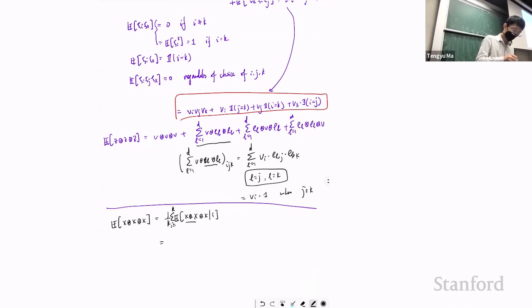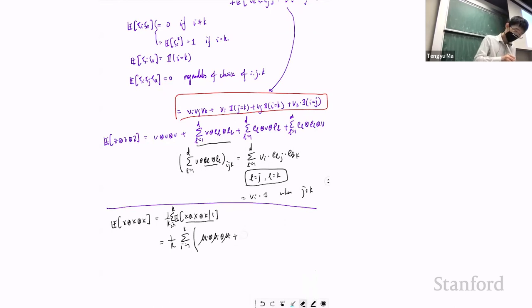When you condition on i, it becomes a Gaussian, and you apply the lemma, and you get 1 over k times the sum over i from 1 to k of mu_i tensor mu_i tensor mu_i, because mu_i is taking the place of v.